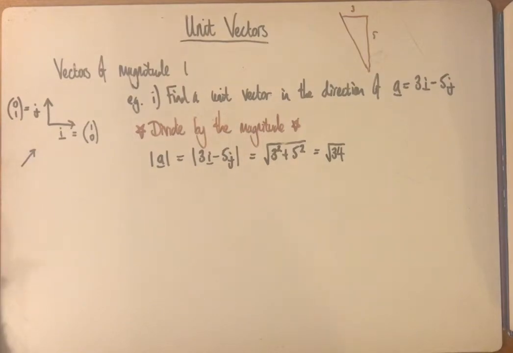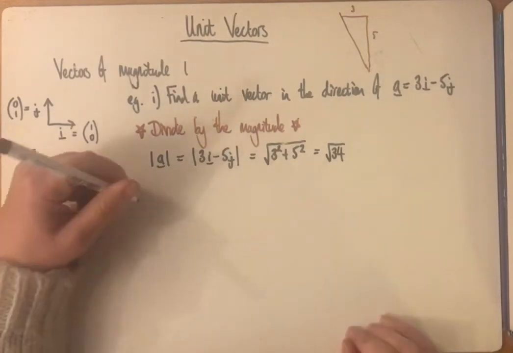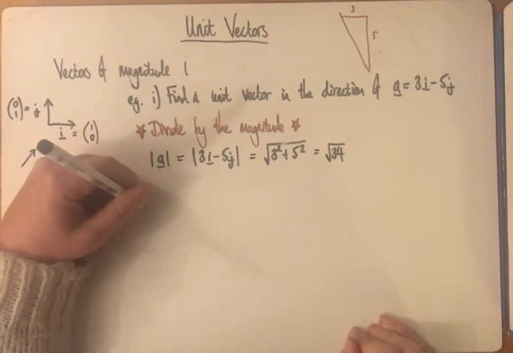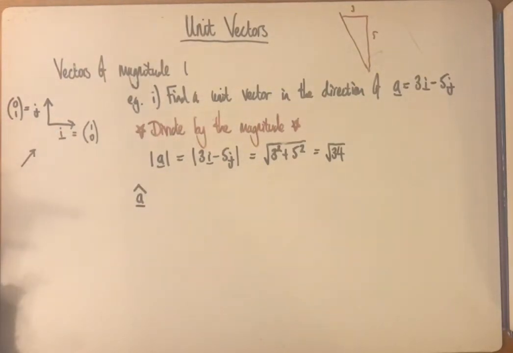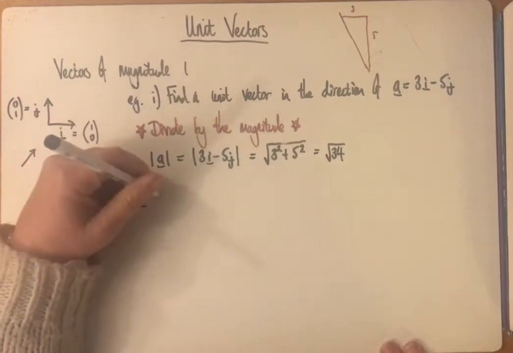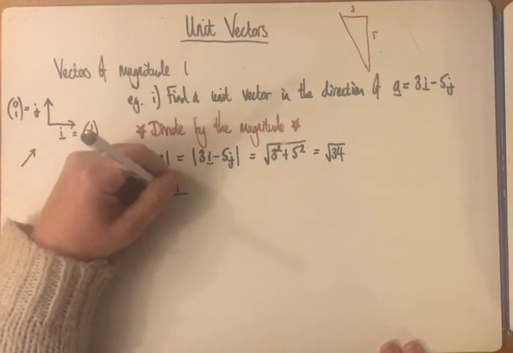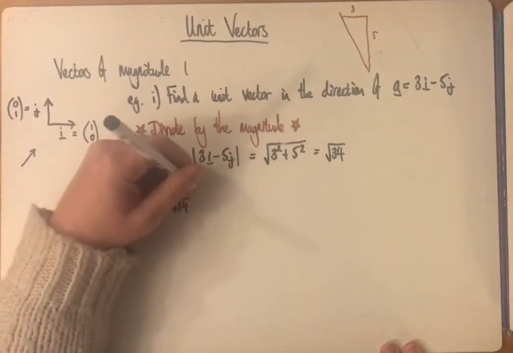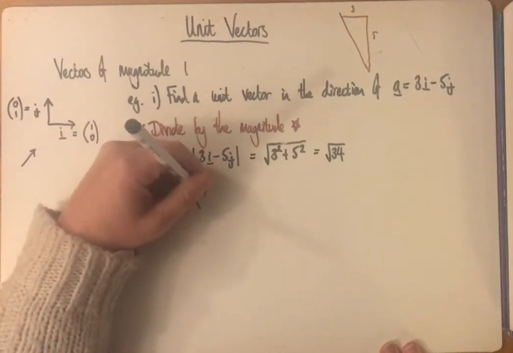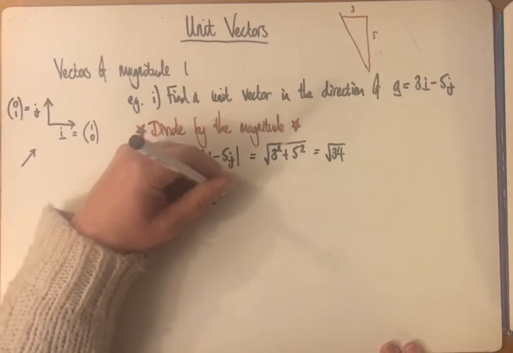And then to find a unit vector in the direction of a, the notation for a unit vector is this kind of hat that you put over a, and we need to divide through, or multiply through, by 1 over root 34. I don't normally work with i's and j's, but I'm going to do it.